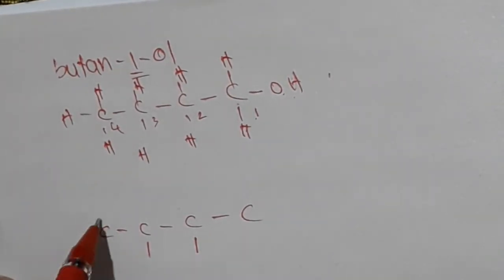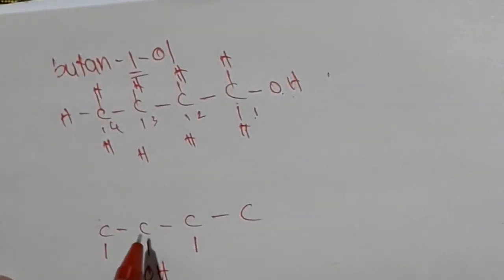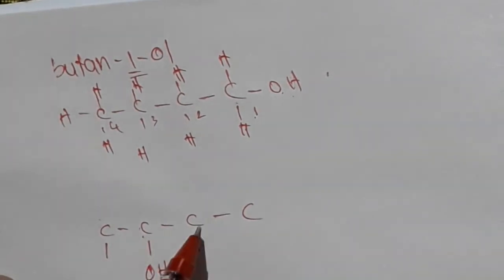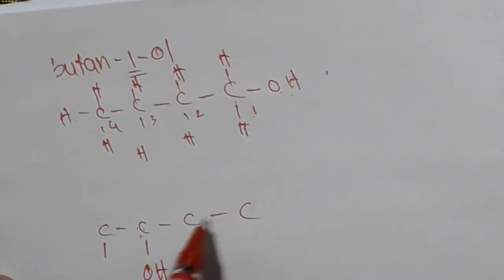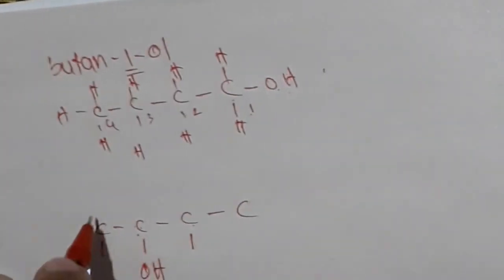When you draw OH here, again it will be butane 1-ol. So you have to put OH in the second carbon, here or here. This is the second carbon. When you count from here, again it is the second carbon.